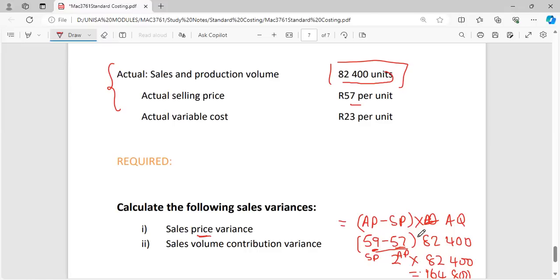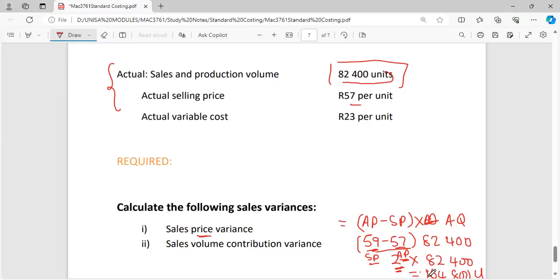It's unfavorable, because the standard is higher than the actual. So when you are dealing with the sales variance, it means you lose some of the income here. You lost 2 Rand for every unit. So it's going to be unfavorable because you were expecting to get 59, then you now got 57, which means you lost 2 Rand.